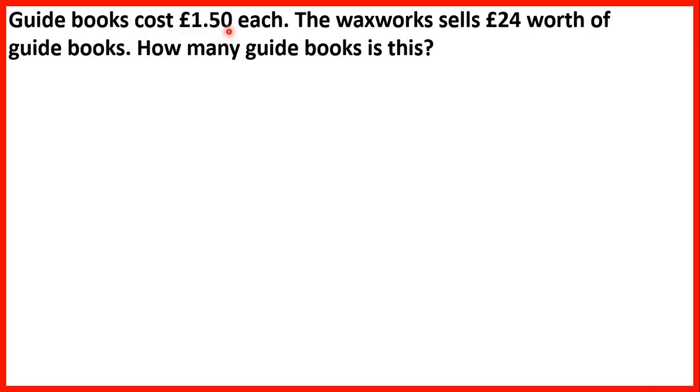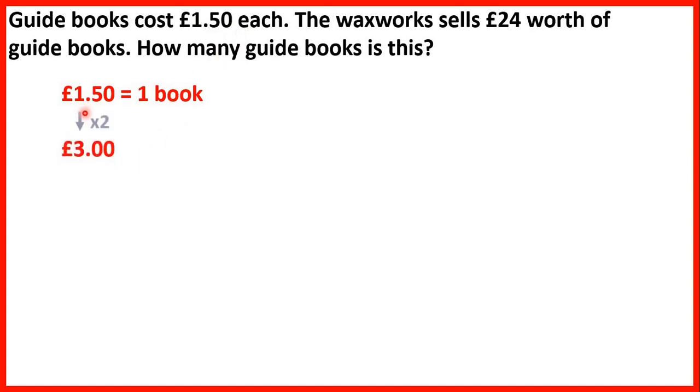Guidebooks cost £1.50 each. The Waxworks sells £24 worth of guidebooks. How many guidebooks is this? Well, here we need to work out £24 divided by £1.50. But to do that, the easiest way is to count up in steps of £1.50 until we get to £24. So we know that £1.50 is the cost of one book.